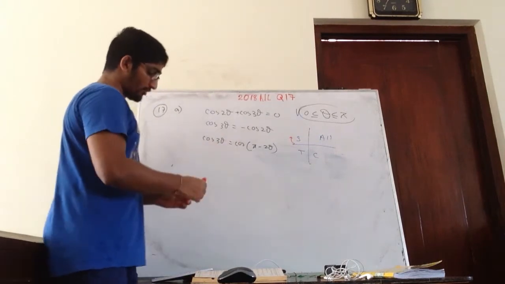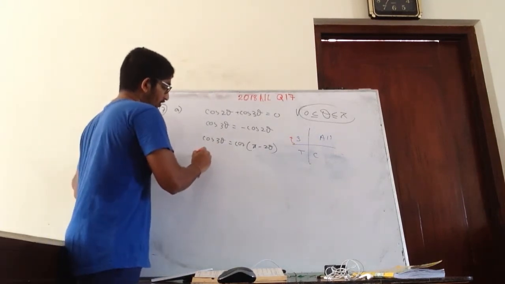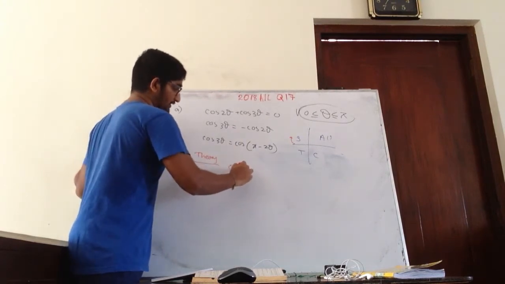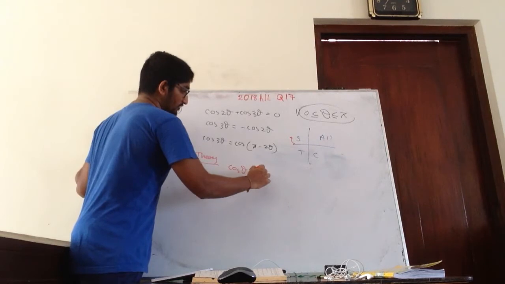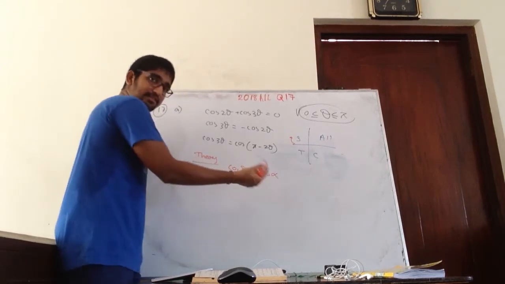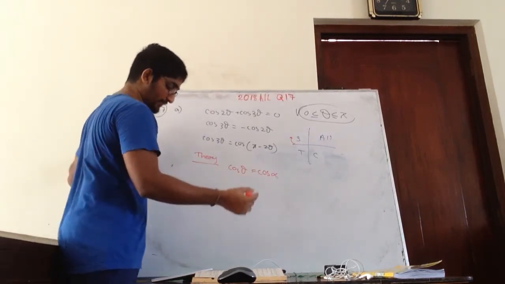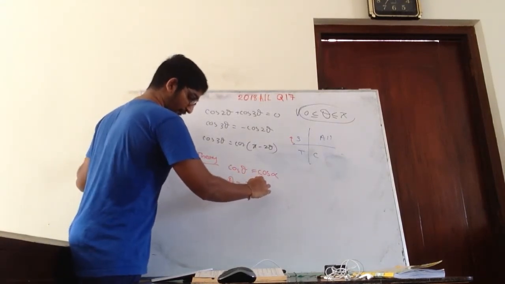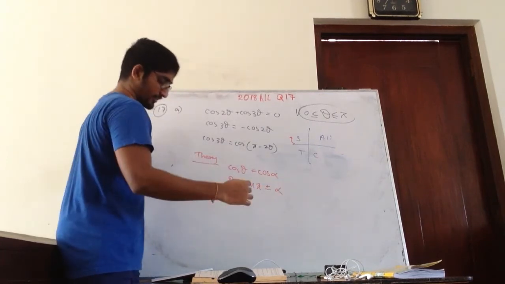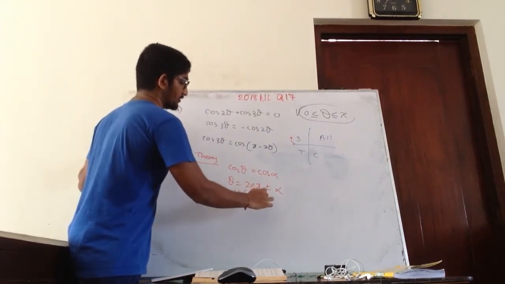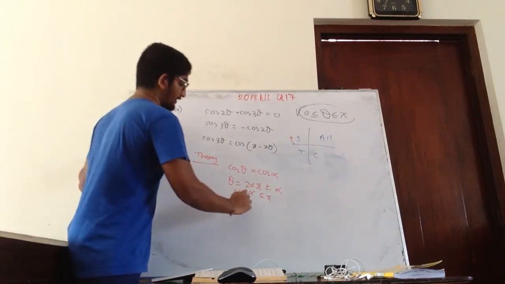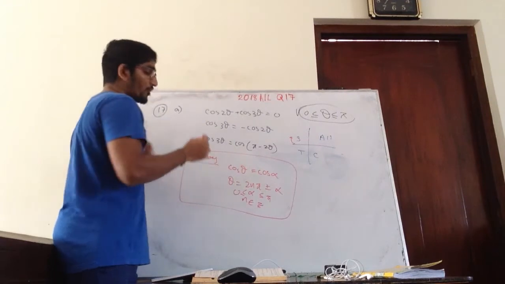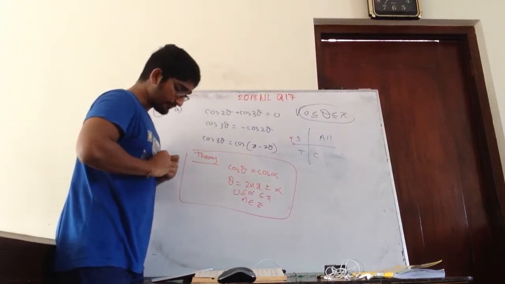So I will just remind you about the theory now. So in order to get the general solution, what is the theory? Cos theta equals cos alpha. So now here the alpha is the known angle. So you get theta as 2n phi plus or minus alpha. Right? So alpha is between 0 and 5. And so now n is an integer. So those are the normal stuff. So from this you can get the answer, right?